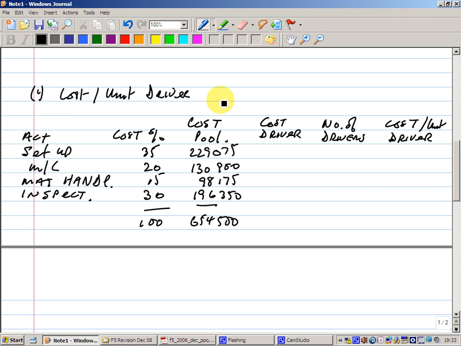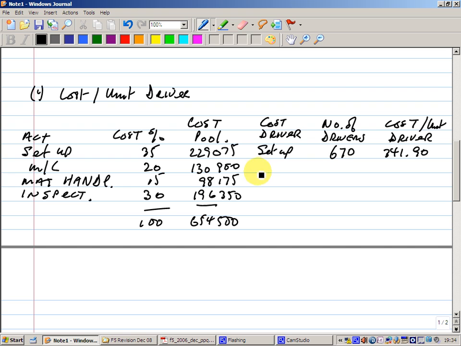Having identified the cost pools here, we can now identify what the cost driver is for each. So that's setups. The number of drivers for setups is 670 in total, so 229,075 divided by 670 gives us 341.90, rounded to the nearest decimal.